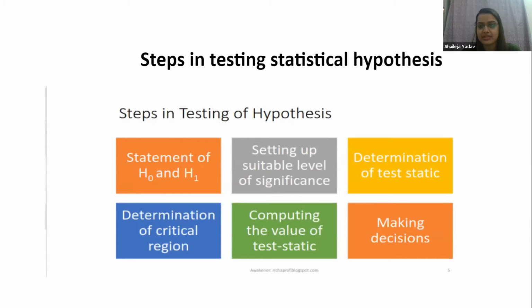After forming the null hypothesis and the alternative hypothesis, we will be setting up a suitable level of significance, what we also know as alpha or beta. Then we will be determining the test statistic. After determining the test statistic or the p-value, we will be looking for the critical region of the p-value. Then we will be actually performing the test and computing the value of the test statistic. And after we have performed the test, we will be making the decision on the basis of our results.